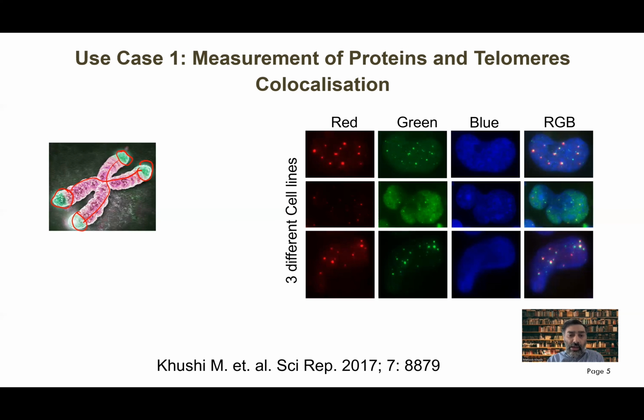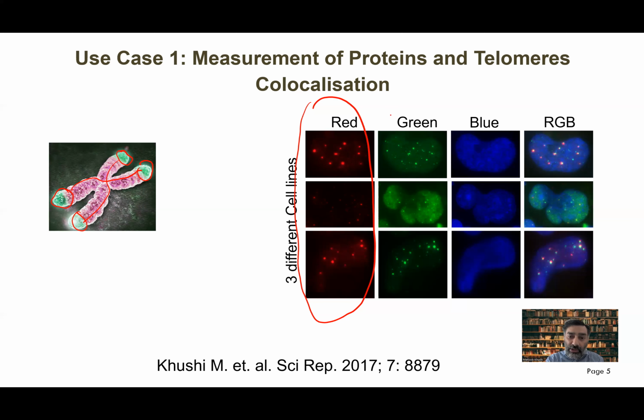So here, different proteins were interacting with the DNA, and those proteins were stained. On the first, red channel, we have a protein that's been stained red, so the dots that you see here are the protein.